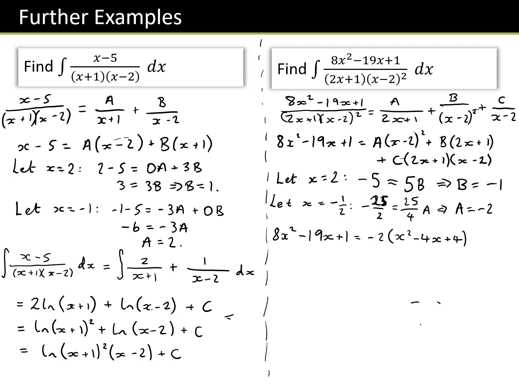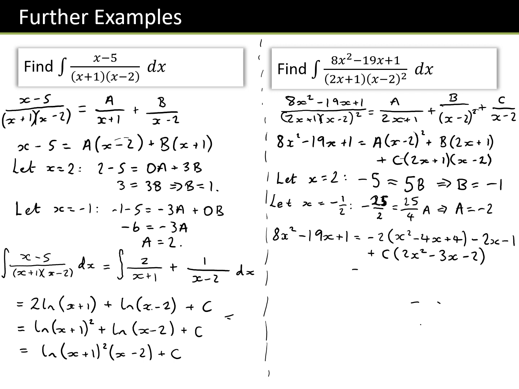This one, just expand the brackets with B equal minus 1, so minus 2x minus 1 plus C lots of, expand the brackets, so 2x squared plus 1 minus 4, so minus 3x, and then we've got a minus 2.